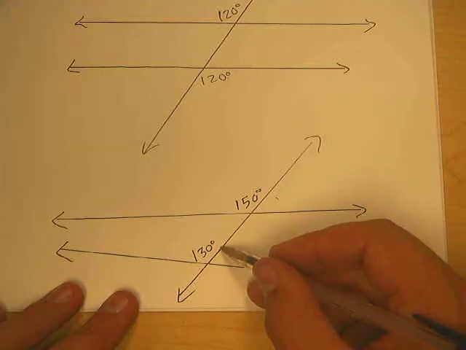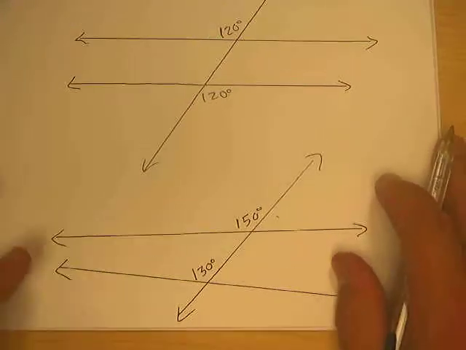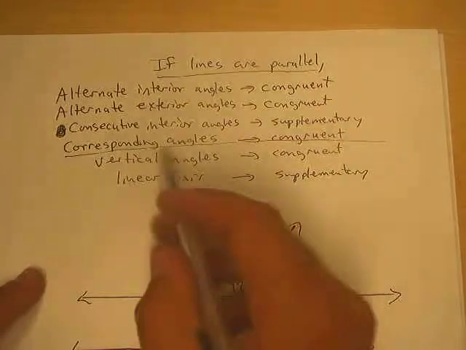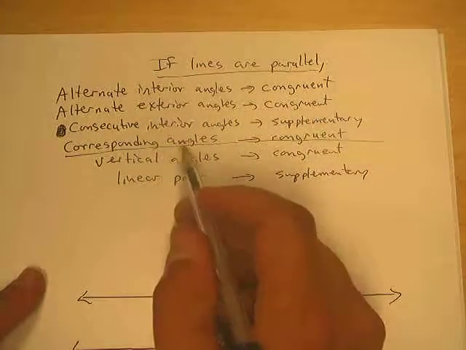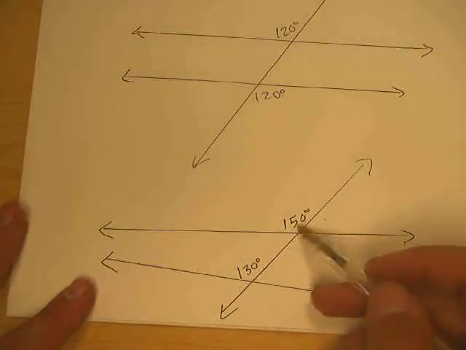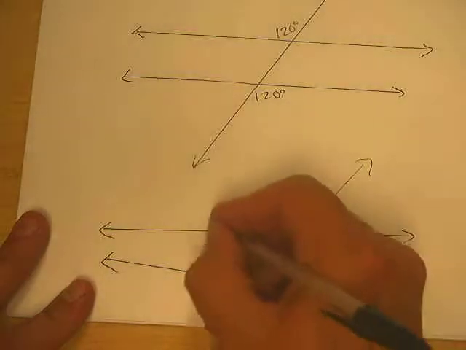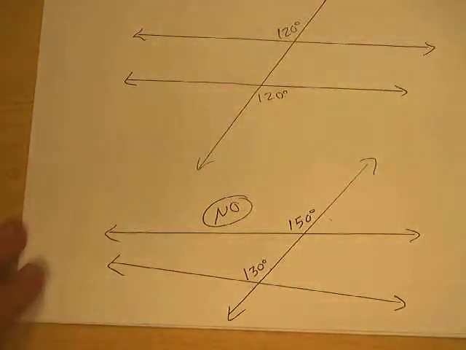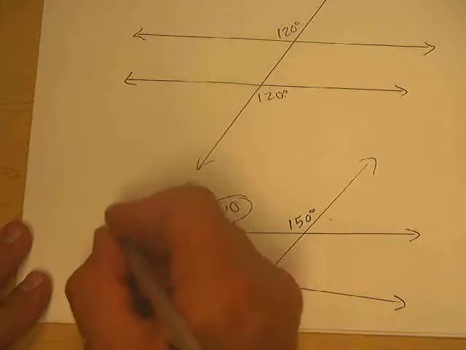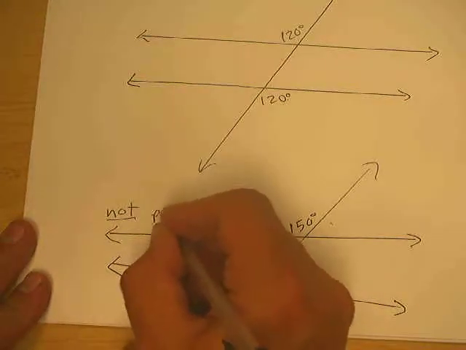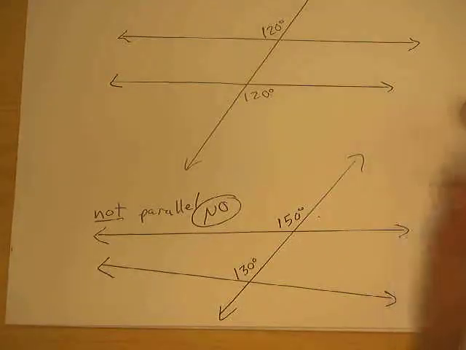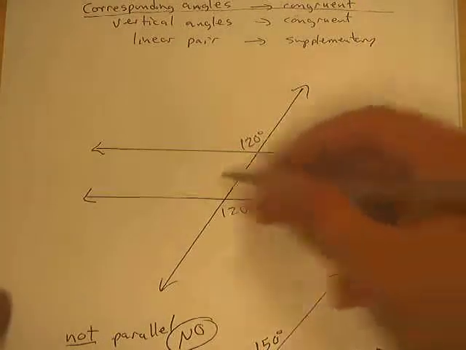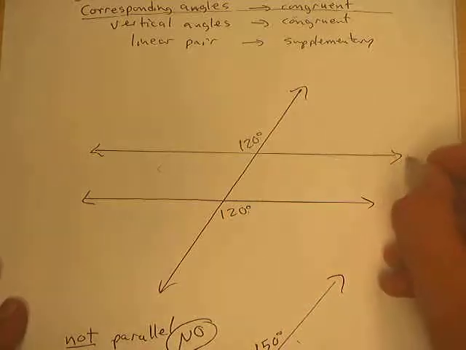What type of angles are these two? Well, they're corresponding, aren't they? Okay, if we look at corresponding angles, it says if the lines are parallel, the corresponding angles are congruent. Are these corresponding angles congruent? No. Okay, so that means that these two lines are not parallel. Okay, that's as simple as it is.